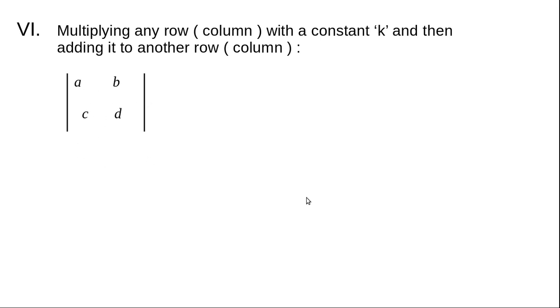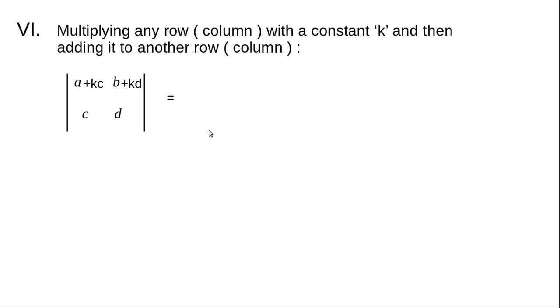Now suppose we are multiplying any row or column with a constant k. Suppose we are multiplying k with the second row, so this becomes kc and kd, and now those kc and kd are added to the first row. Then what happens to the value of the determinant?